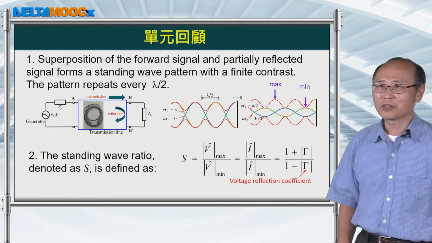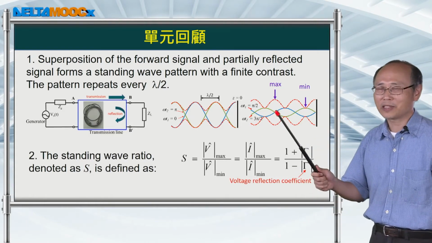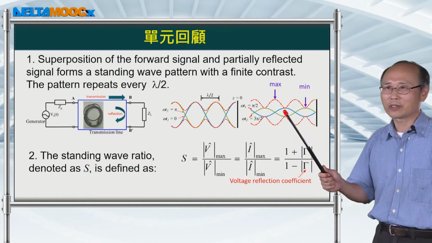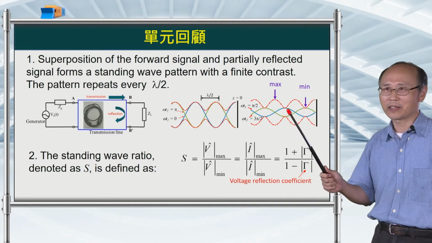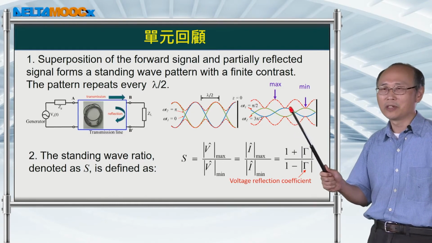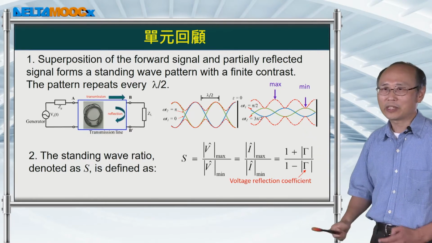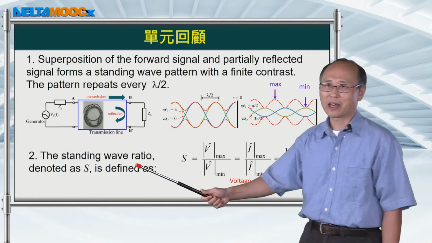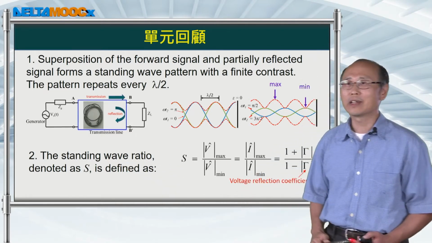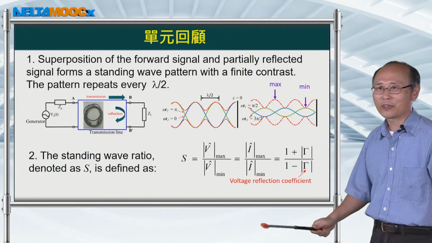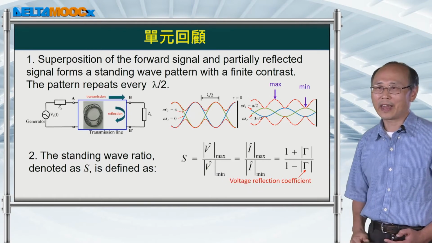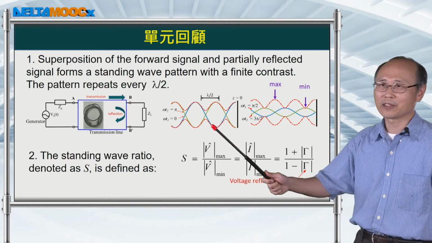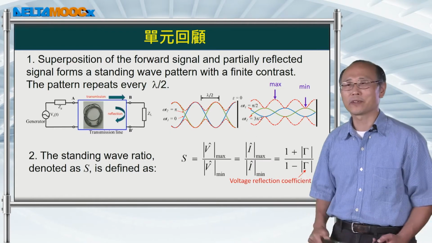To understand the standing wave pattern, and also how close the pattern is to a pure standing wave, we define a figure called S. We call this the standing wave ratio. If this ratio is big, then the pattern is very close to a standing wave.